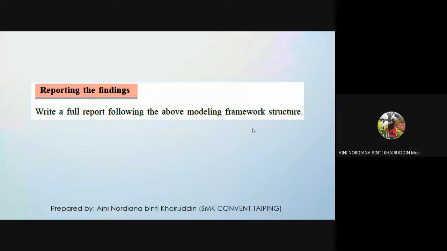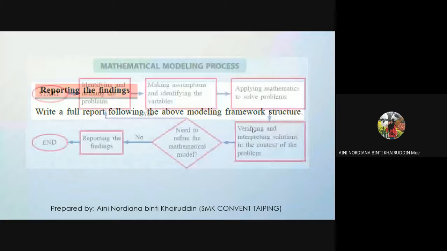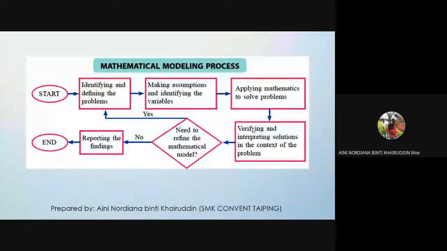Okay, itu sahaja 3 contoh for linear, quadratic and exponential real world problem. So this is the process of mathematical modelling. Ini pun dah cerita banyak dah sebelum ni. Tadi pun kita dah buat dah 6 step ni. Maksudnya mesti ada 6 step.